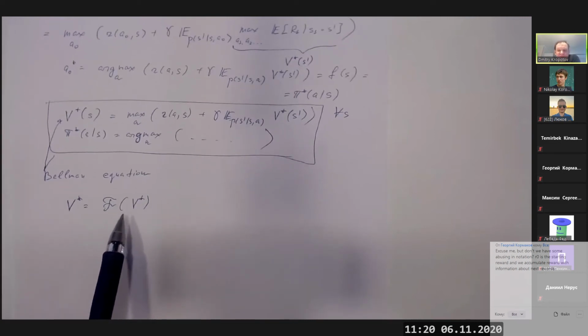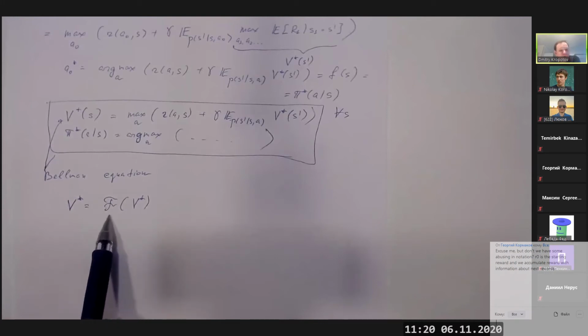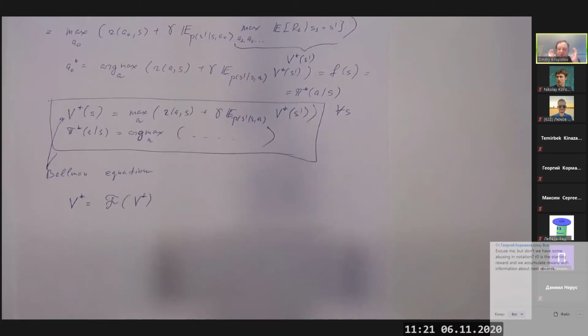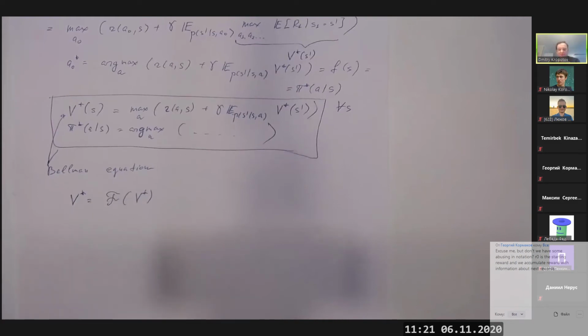What kind of transformation is this function? Can somebody say what the type of this function F is? Is it, I don't know, a non-linear function? What kind of transformation do we have here, for the case of a discrete environment?